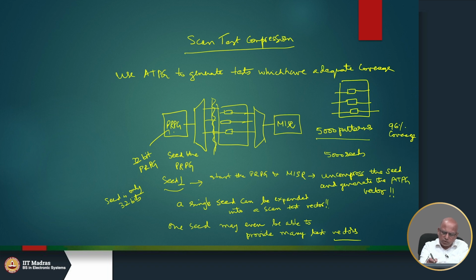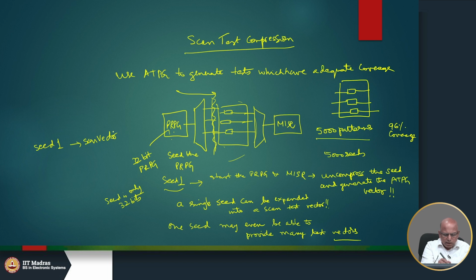If you are going in the forward direction, you will start with some seed and then apply clock cycles, and that will result in some scan vector, isn't it? See, seed 1 will lead to some scan vector.